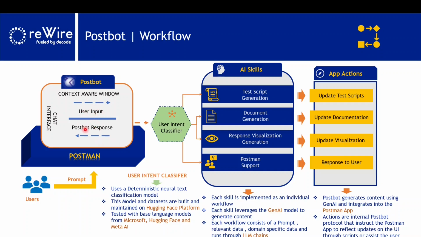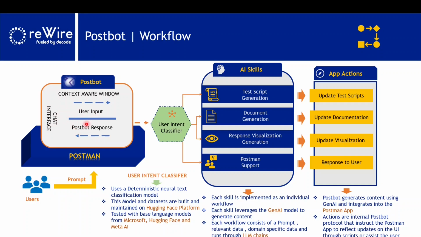GenAI assistants always need a relevant input so that you can get the right results. If you provide the right input, you will get the right output. If you do not provide the right input, then you will obviously get the wrong output. So whenever we are working with any GenAI assistant, we have to ensure how we are giving the input.